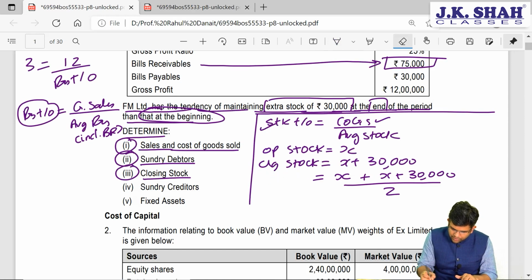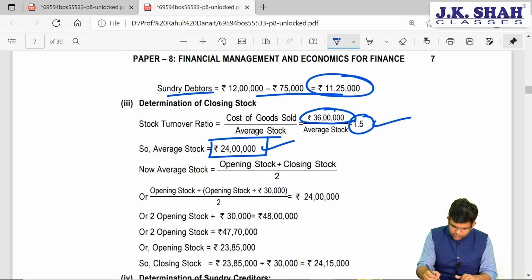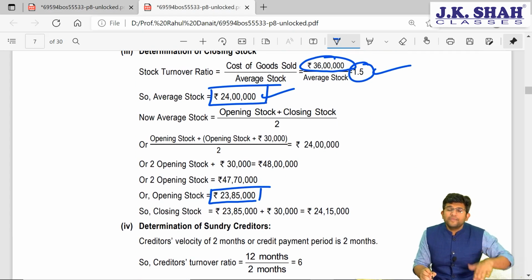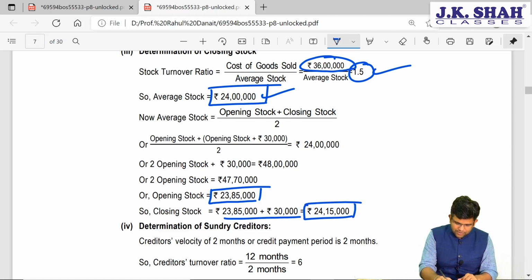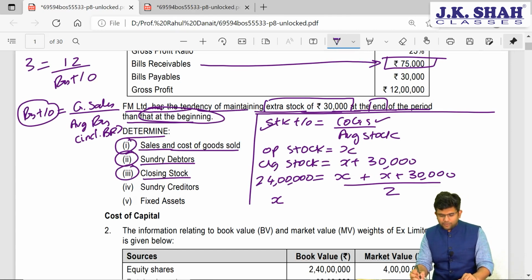So we write down here 24 lakh, and if you solve this, we can easily get the opening stock as well as the closing stock. They have done that same calculation here, and got the opening stock as 23 lakh 85,000, and then on this opening stock, if we add 30,000, we will get the closing stock as 24 lakh 15,000. That, children, is the answer to your point number 3, calculation of closing stock.